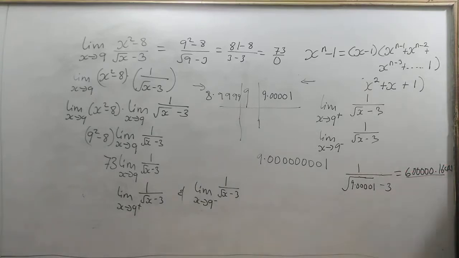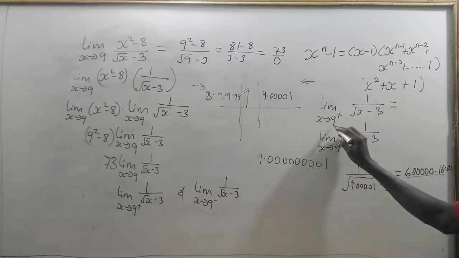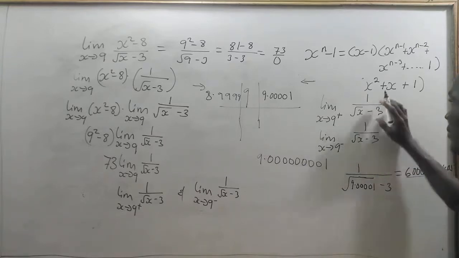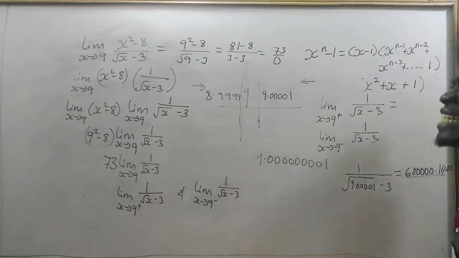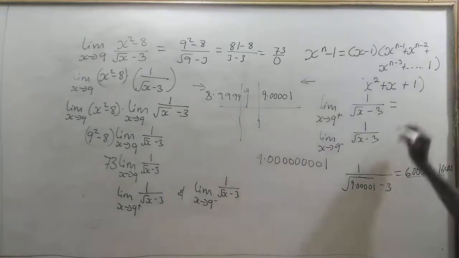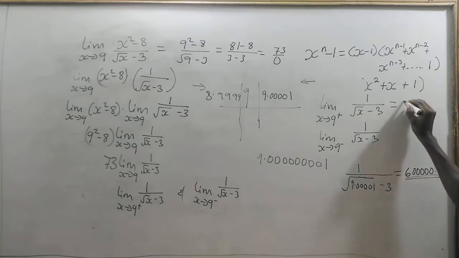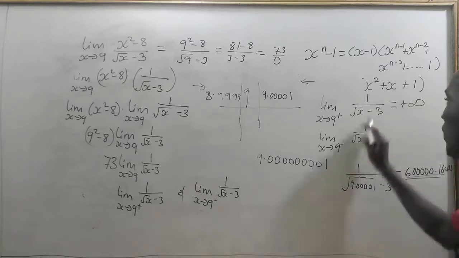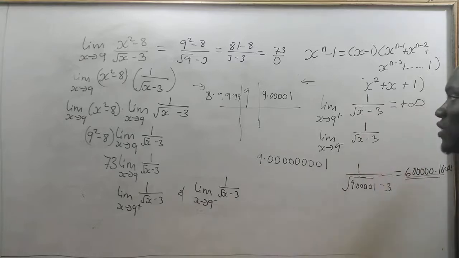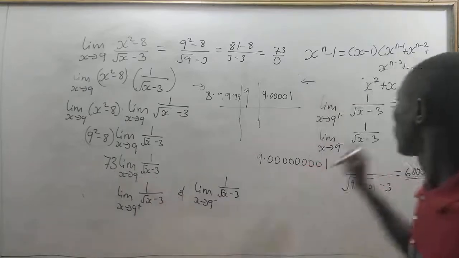So as we approach 9 from the right side, the value of this function will increase without bound, to a very large number, and the numbers we are getting are positive. So the function will increase to positive infinity. Very simple as that. Remember, we have 73 here, so we will come and conclude.